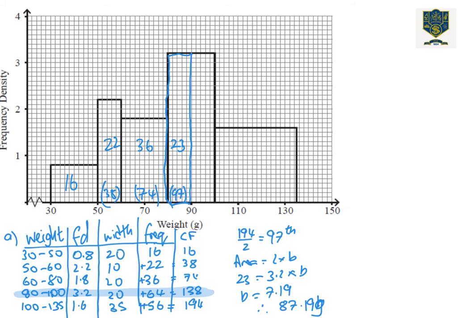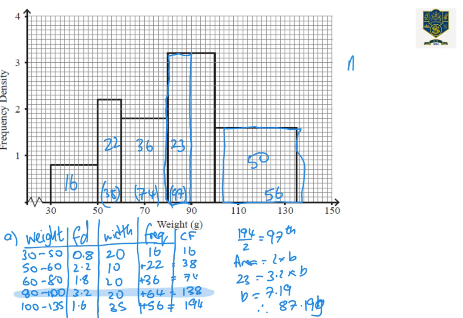So part C, for an estimate of the lightest of the heaviest 50. Well, we know that the total frequency in the last bar is 56, but we're looking for the lightest of the heaviest 50. So we want the area in this bar to be 50.